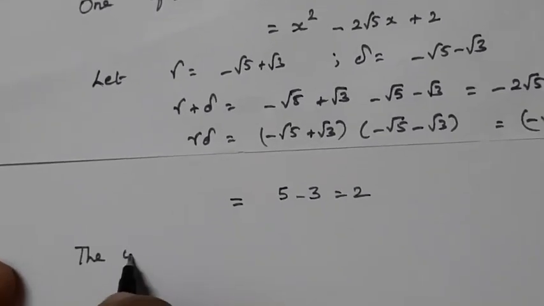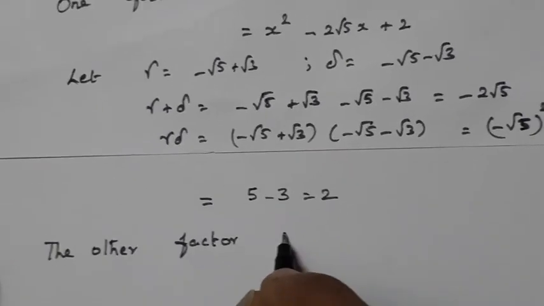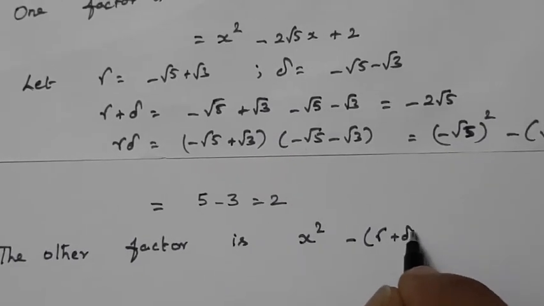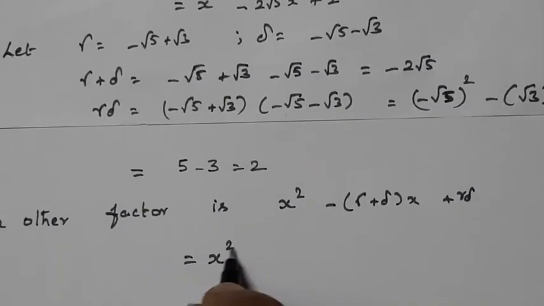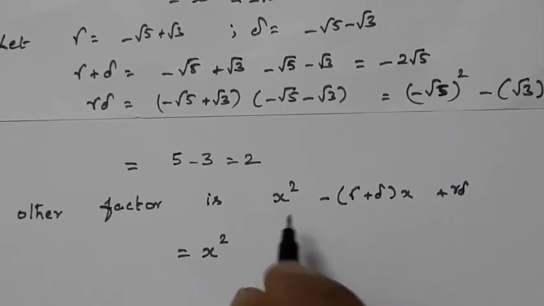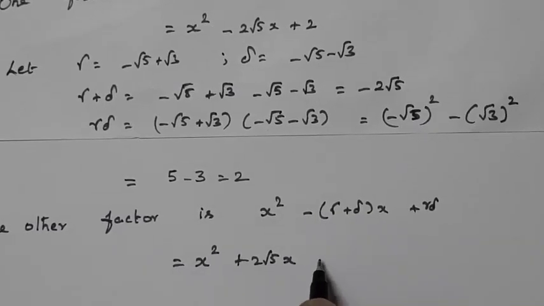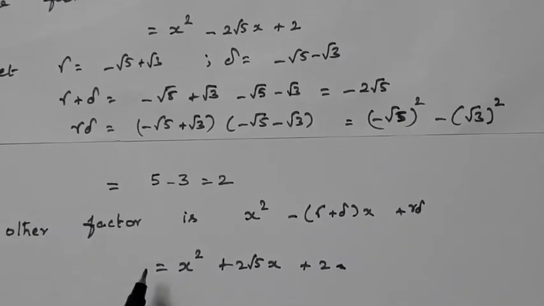So the other factor, using the other two roots, we have found as x squared minus gamma plus delta into x plus gamma delta, that is equal to x squared, then minus into minus, it will be plus 2 root 5 into x, then plus 2. Okay, plus 2. This is the other factor.